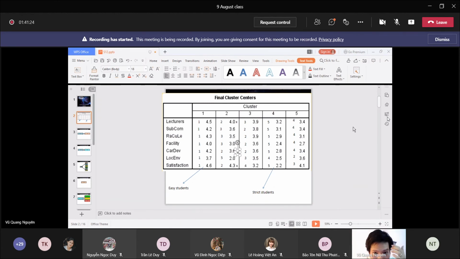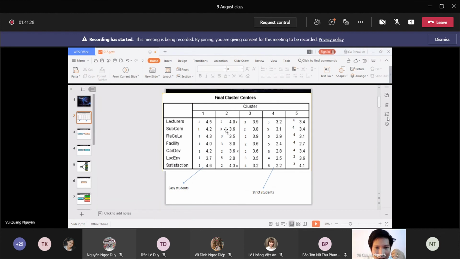And high in career development. Medium in subject complexity, medium in rationality of curriculum length, medium in facility. So medium can be high or can be low, okay? They are okay. So okay in subject complexity, okay in rationality of curriculum length, okay in facility.